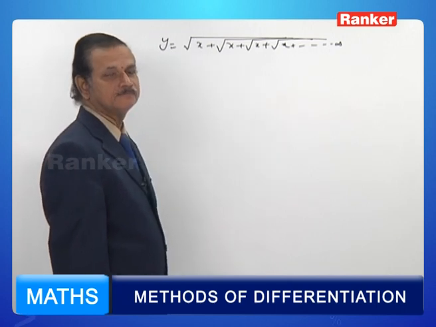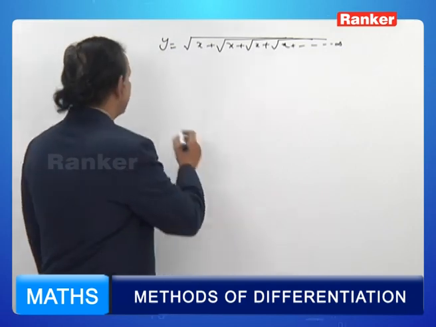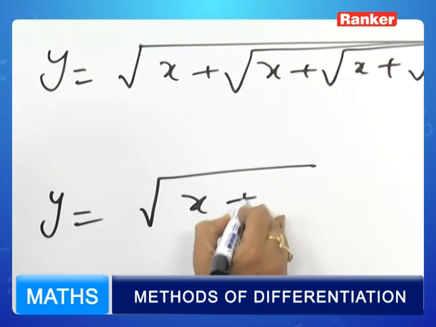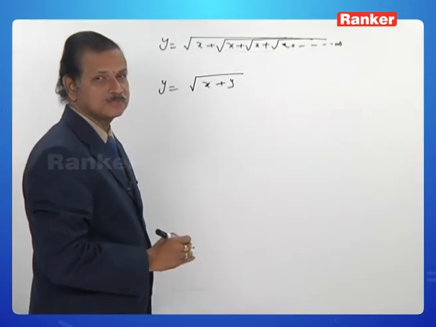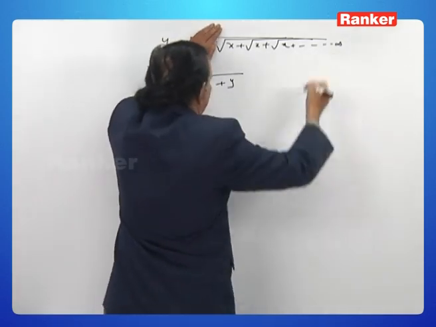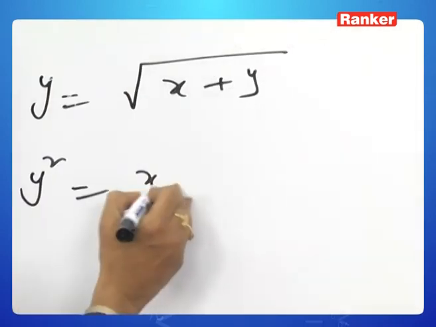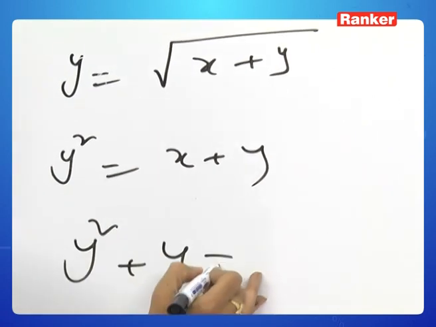What is the derivative? Now, this is nothing but y is equal to root of x plus y, because we close this. Square on both sides: y square is equal to x plus y, or y square minus y is equal to x.